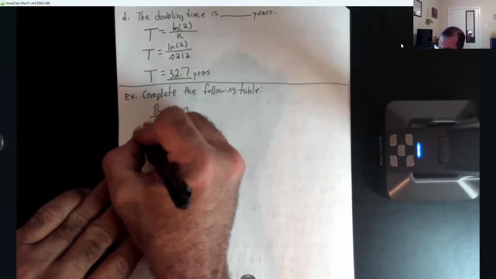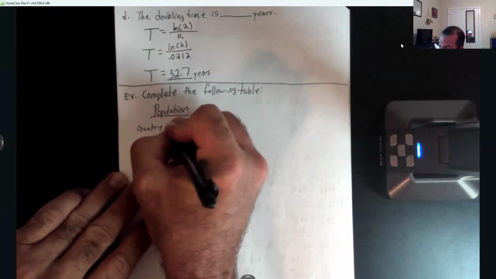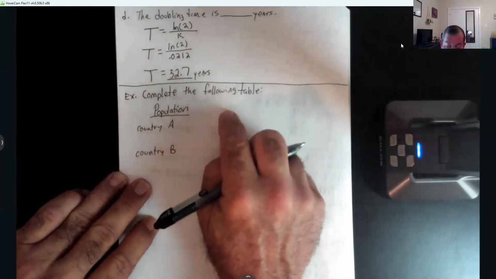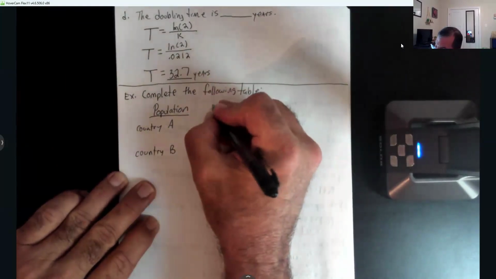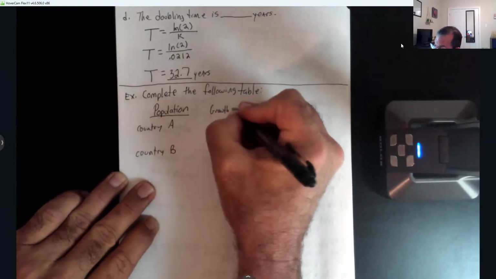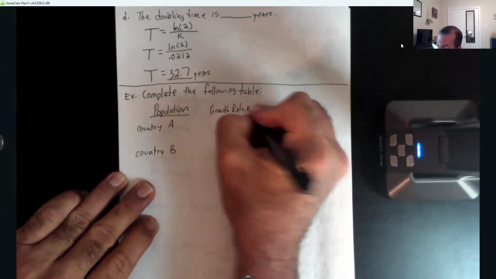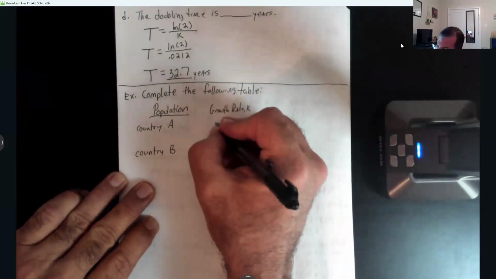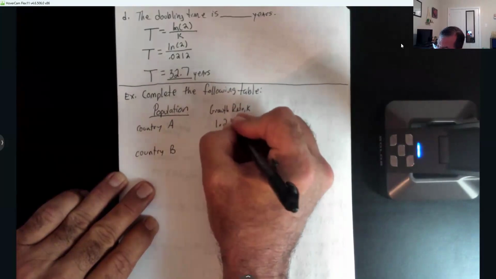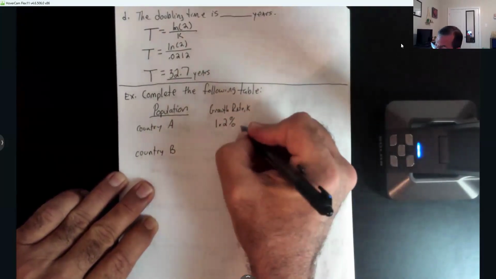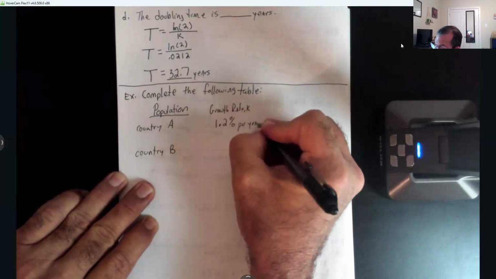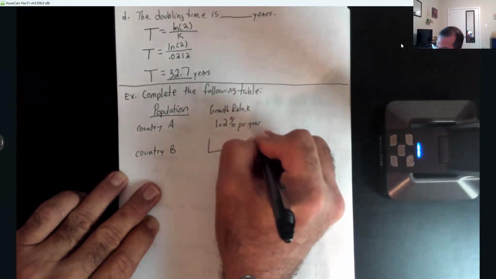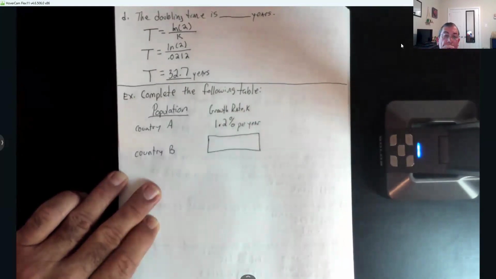Population, they'll have country A and then country B. Then we got our growth rate, which is our K. Now, country A, they already give me it. They're giving me 1.2% per year. But they're not giving me country B's growth rate.